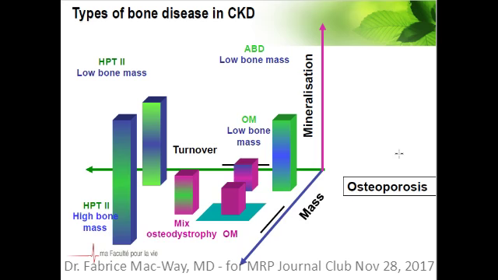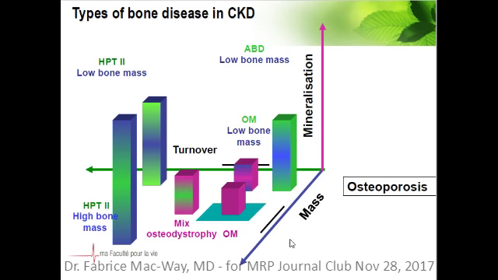So if you take CKD patients and they have a BMD of less than minus 2.5, then you can say that this patient has osteoporosis. But the mechanisms of development of this osteoporosis are completely different from the standard osteoporosis we see, for example, in postmenopausal osteoporosis. And the treatments, because of that, depending on the diagnosis, could be completely different from patient to patient.